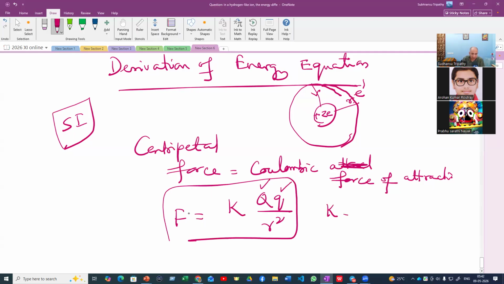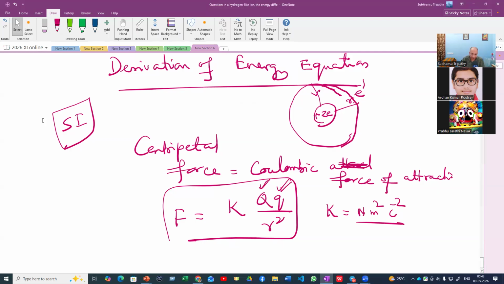And the unit of K is Newton meter square per Coulomb square, because Coulomb square will come down to the power minus 2.